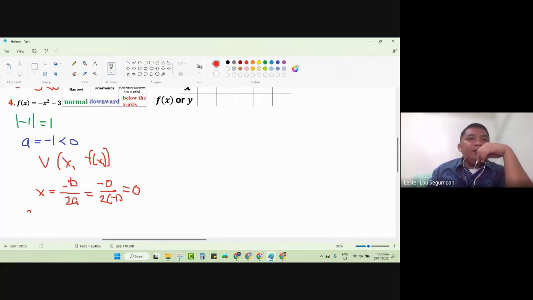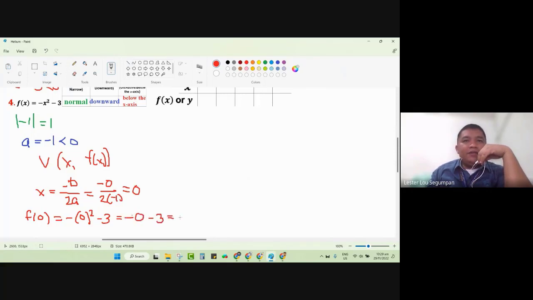We use that value to solve for the pair f of x. So let's already substitute f of 0 to the given, which is negative x squared, in this case 0 squared, minus 3. That's actually 0 squared is 0, and the negative of it, it's still 0, minus 3.